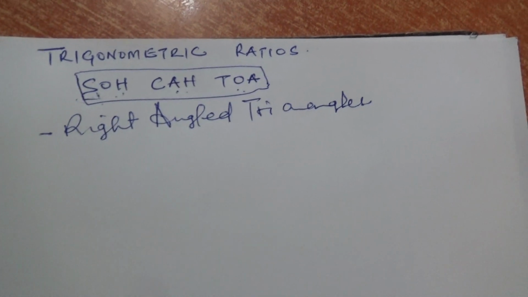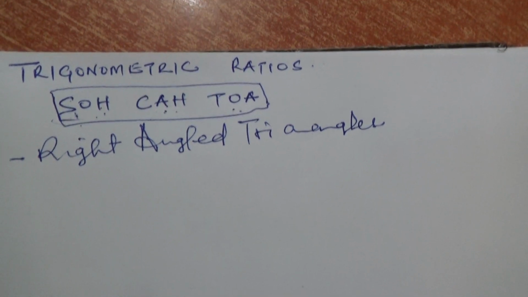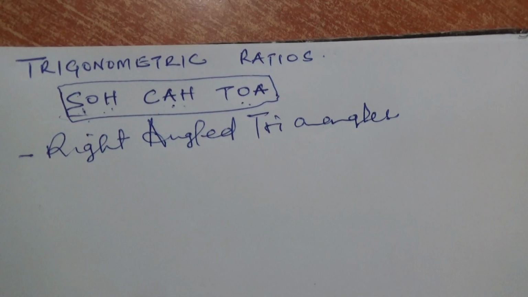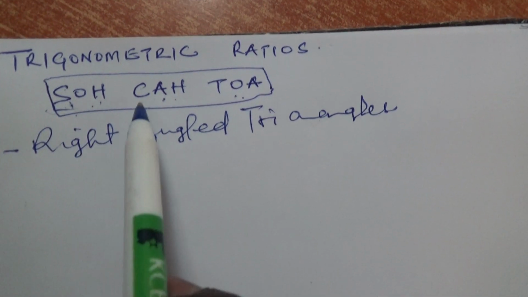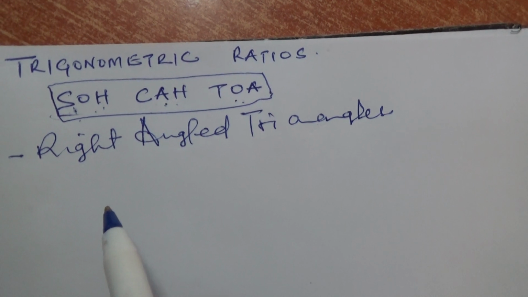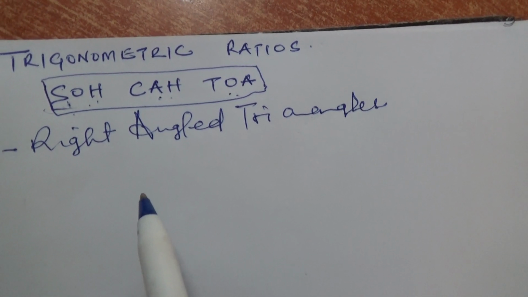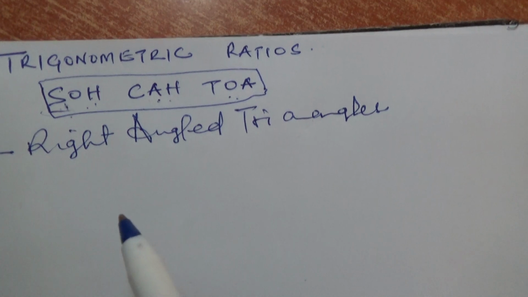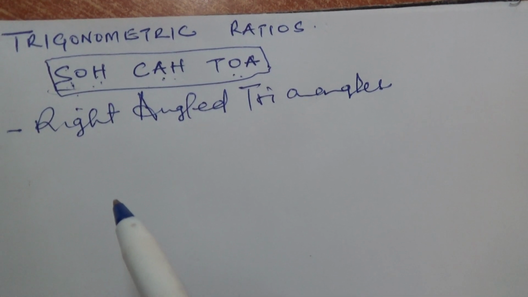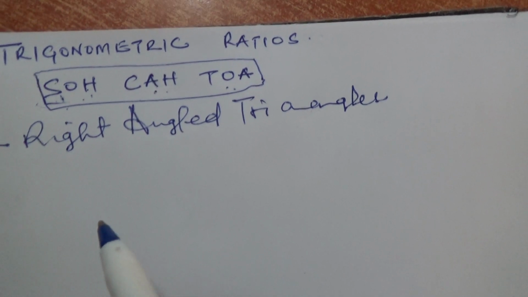It only deals with right angled triangles. And we can use this ratio to find out the dimensions of a triangle as well as the angles that constitute this triangle.